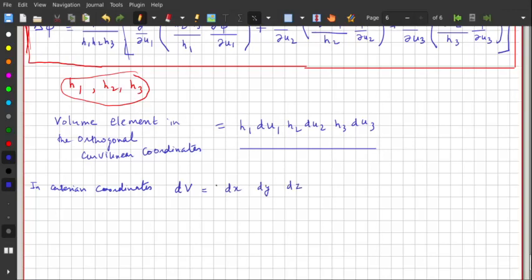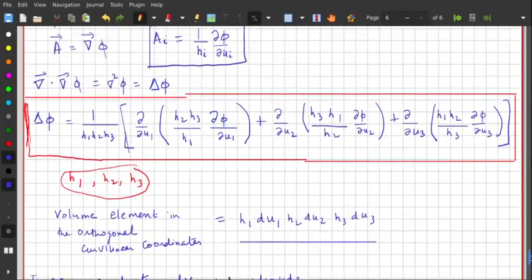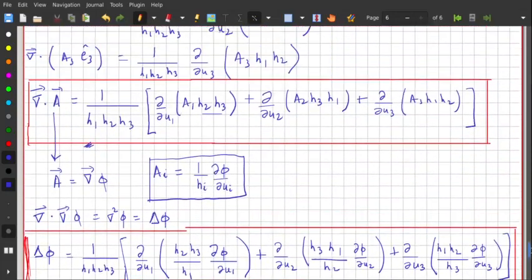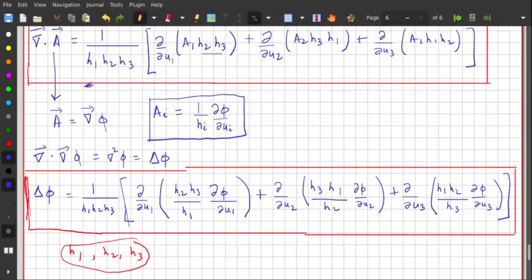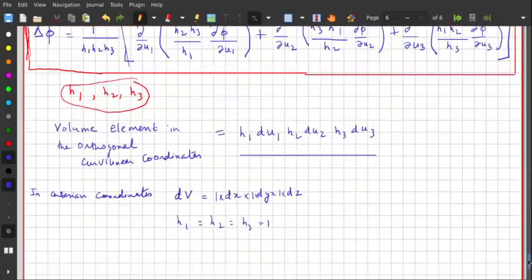If you recall this, we can rewrite it like this, where we realize the individual scale factors h1, h2, h3 all are 1. If you substitute h1, h2, h3 all equal to 1, you will see that for the divergence of the vector as well as the Laplacian, we get the familiar Cartesian expressions.